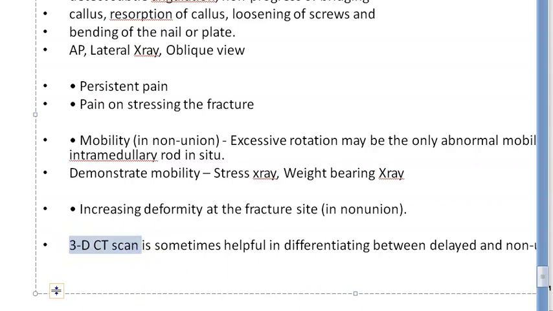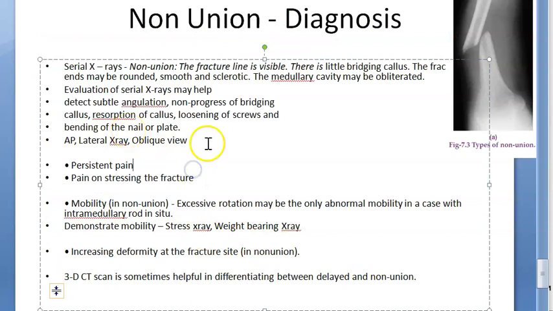Okay, so this is all about the diagnosis, guys. You can do serial X-rays, lateral, AP, oblique. You can check for subtle angulation, non-progress of bridging callus, resorption of callus, loosening of screws, bending of nail or plate, etc. You can see whether there is callus or not. How's the fracture line? The fracture ends, are they rounded, smooth, sclerotic? You can see whether the medullary cavity is obliterated.